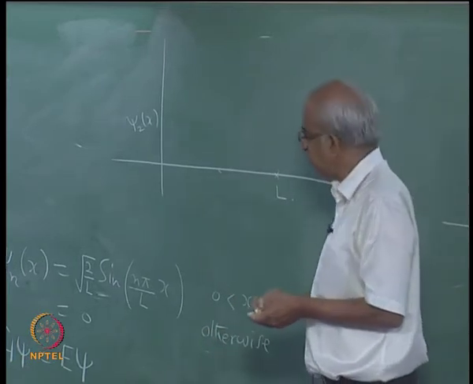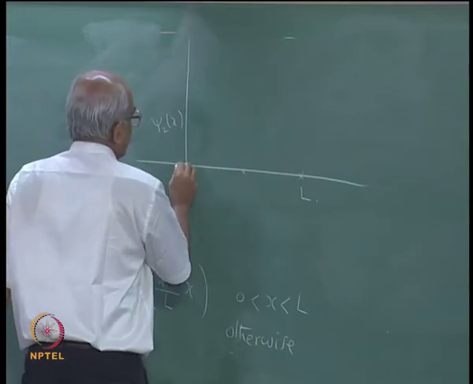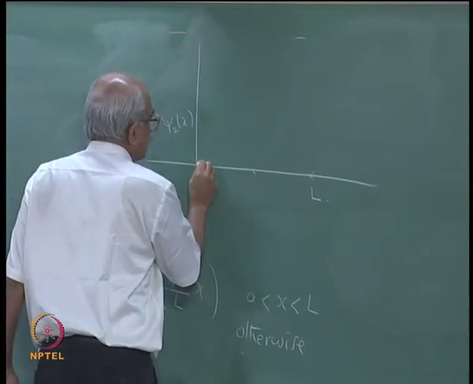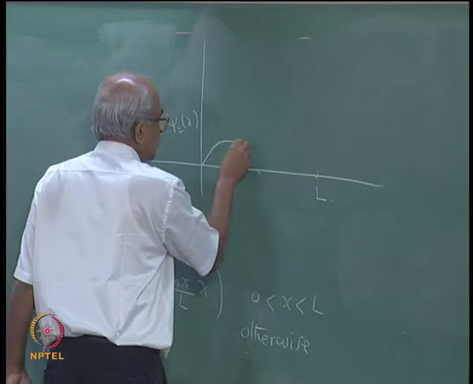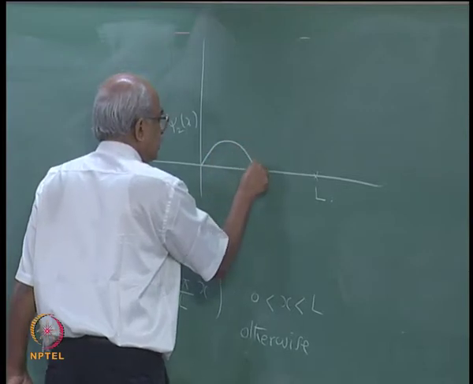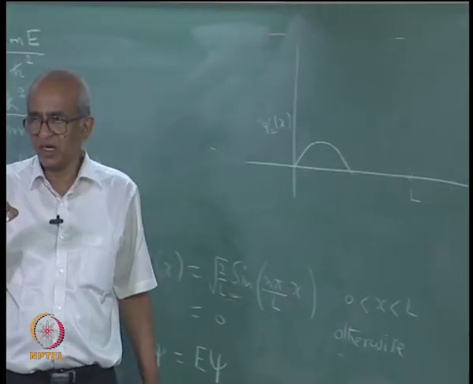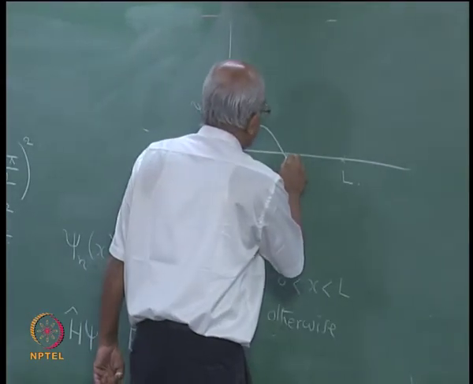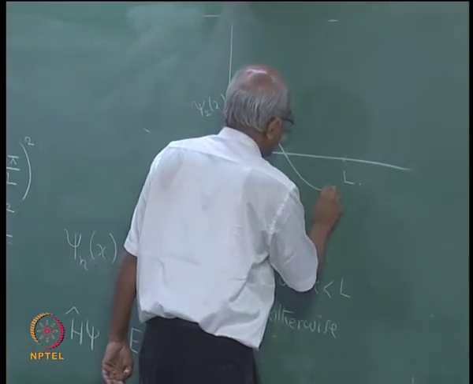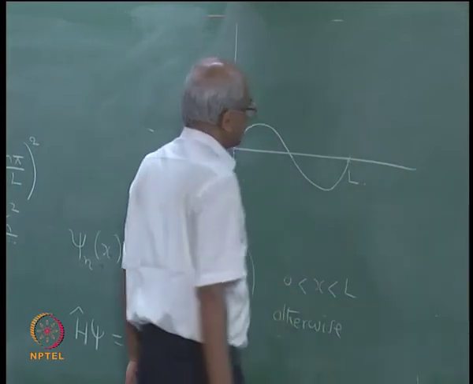So, would you like to guess? Actually, we can make a plot, but we can even guess. The function will start with the value 0, it will increase, reach some maximum value and then decrease and reach the value 0 at the middle, and then it goes down, the function becomes negative, and then again at the other boundary the function becomes 0.